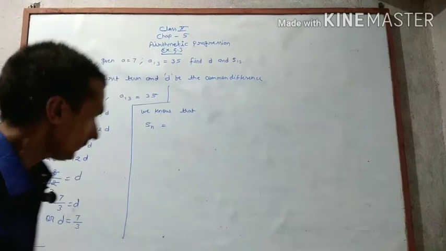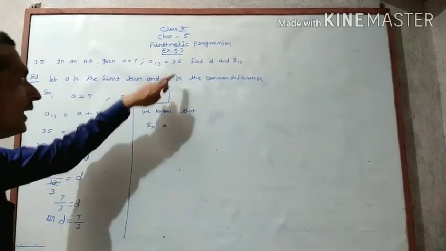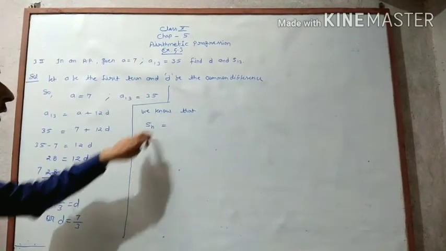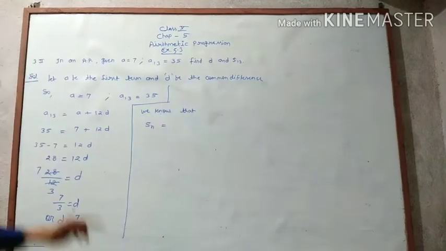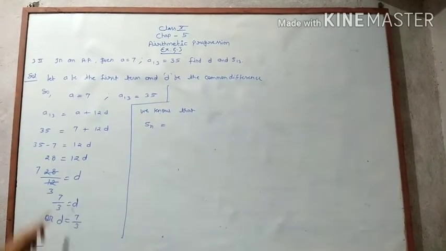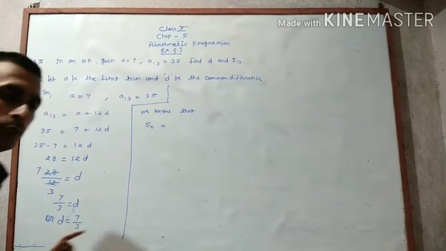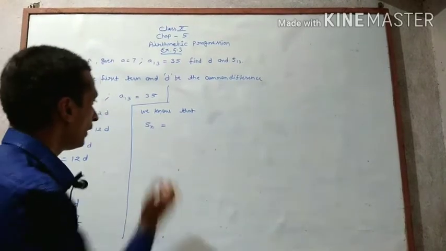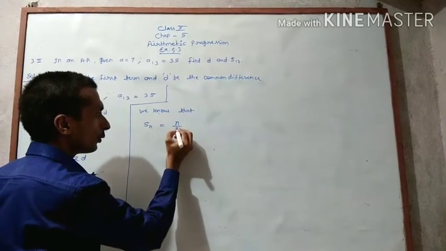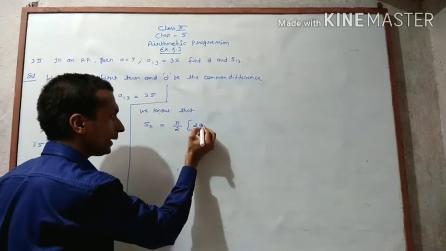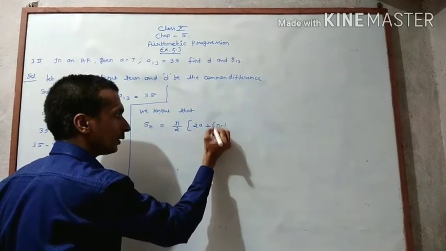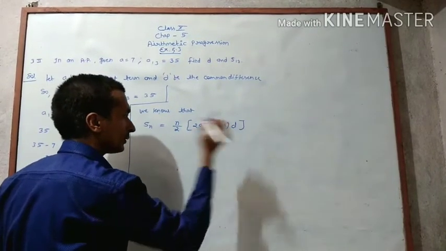So see here, we have the n value. How much is n? 13. Value of A is given and value of D is given. So first of all we will apply the first formula, Sn equal to n upon 2 into 2a plus n minus 1 d. This is the formula.